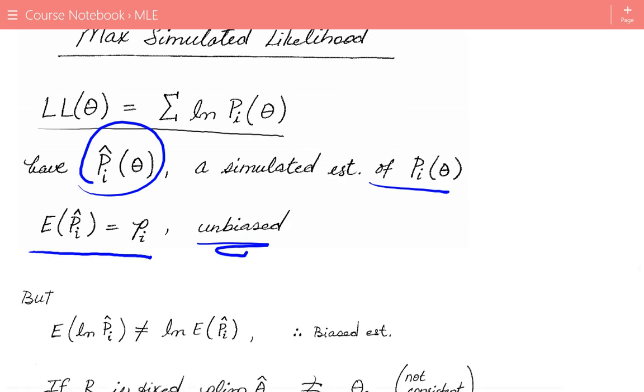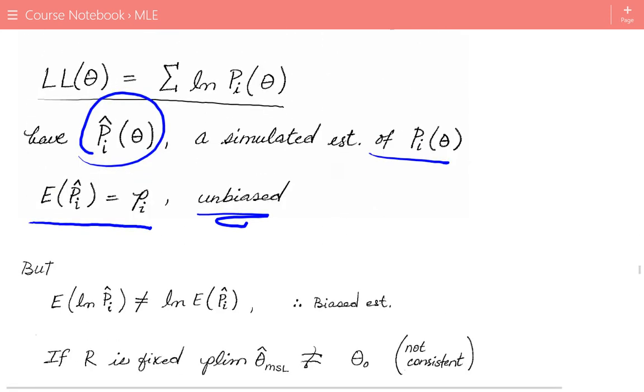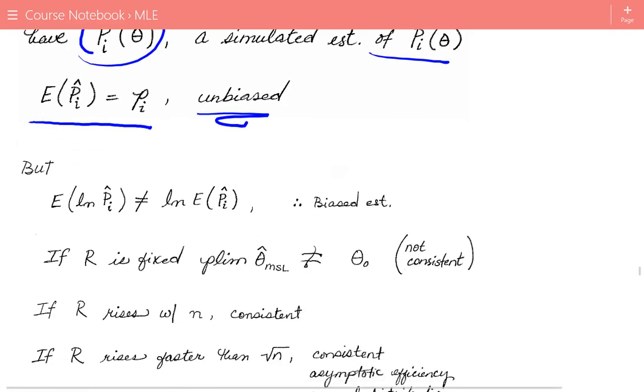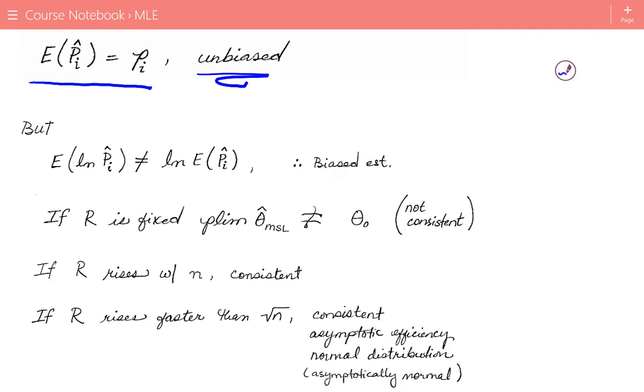But we're working with the log of probabilities, which is a nonlinear function of the probabilities, and therefore, noting that the expected value of a nonlinear function is not the same thing as that function at the expected value, we essentially have a biased estimate of the log probabilities. So our Monte Carlo simulation provides us with an unbiased estimate of the probabilities. It just doesn't give us an unbiased estimate of the log probabilities.